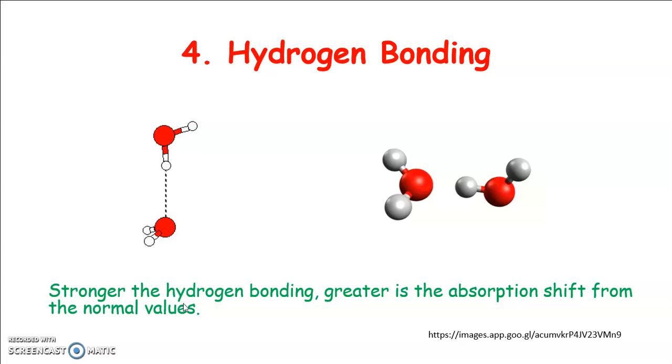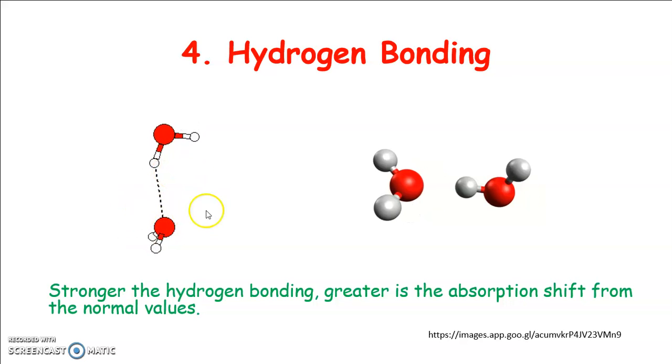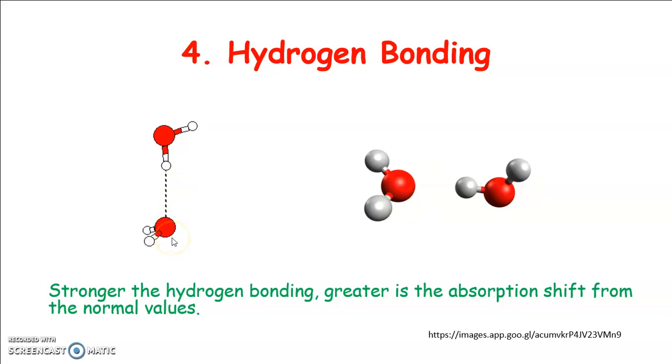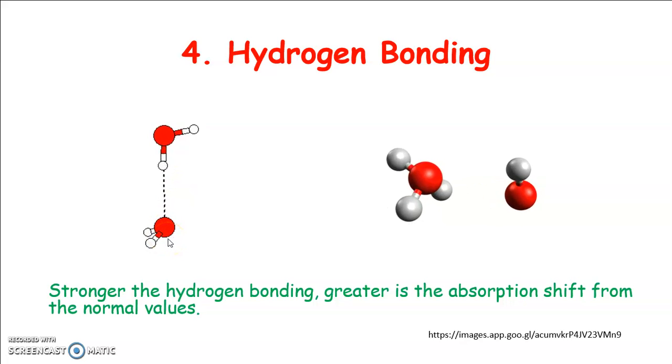It is due to the fact that in a hydrogen bonded molecule, it is easier to stretch an OH bond because the strength of the OH bond decreases as the hydrogen is attracted to the oxygen of a neighboring molecule.